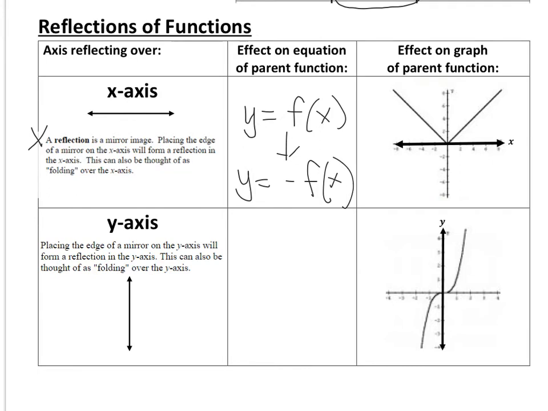So in this example over here, you see we have the parent function of an absolute value graph, and that looks like this. Y equals the absolute value of x. In order to reflect that over the x-axis, remember the x-axis is this one, you'd have to change the equation to look like this.